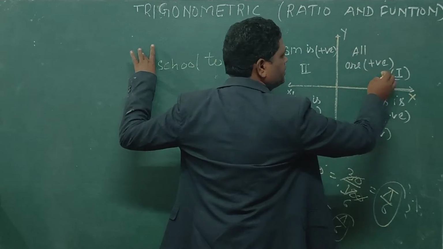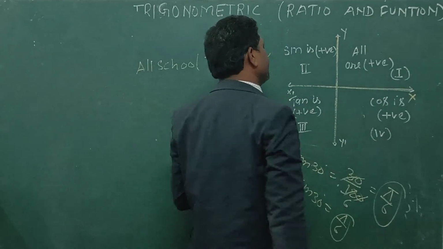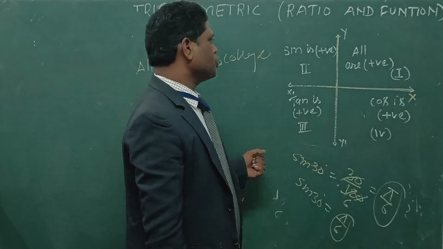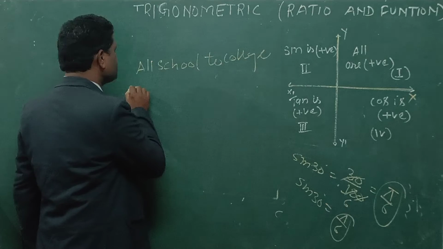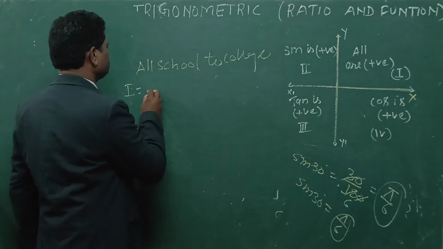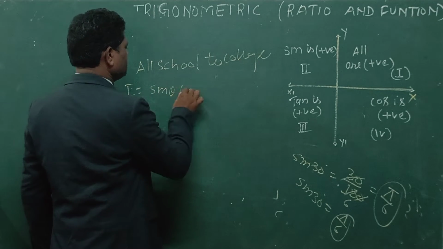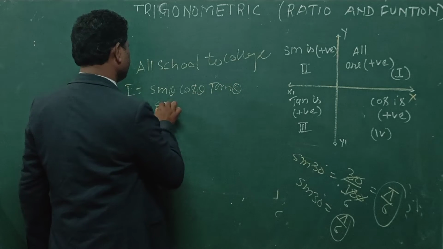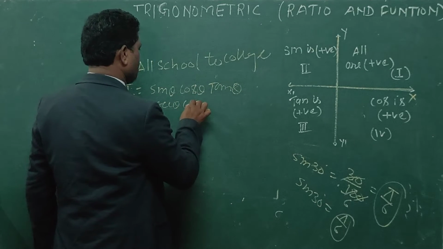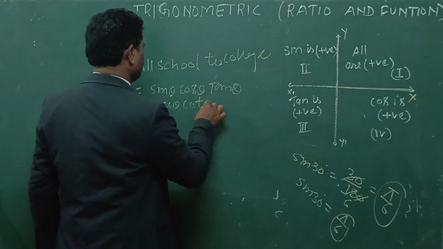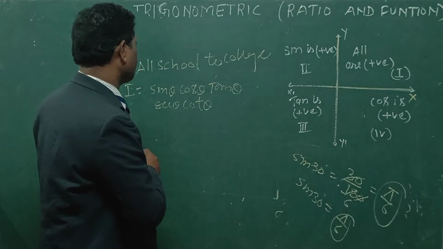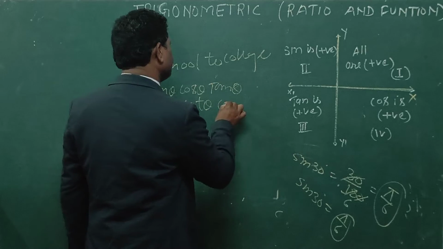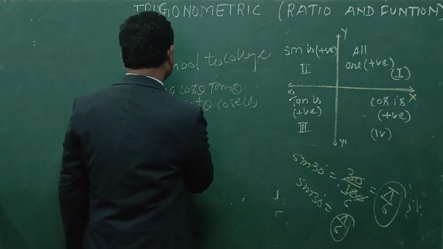All trigonometric functions here, sin, cos, tan, cot, sec, cosec, mean that in the first quadrant sin theta, cos theta, tan theta, sec theta, cot theta and cosec theta are always positive.